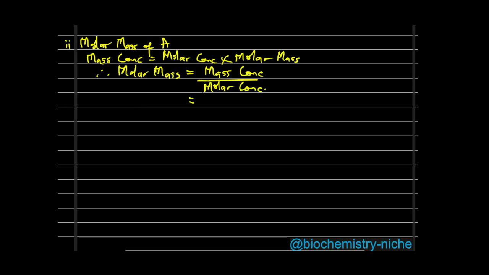So we have 3.9 divided by 0.0394, and that is going to give us 98.984772. When we convert it to three significant figures, we'll be having 98.9 grams per mole. So that is the value of our molar mass of A.